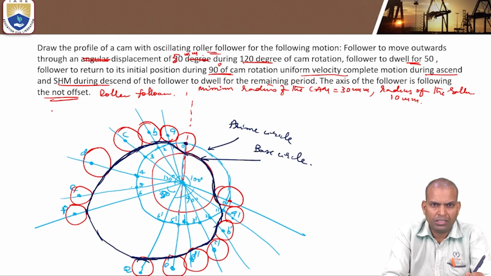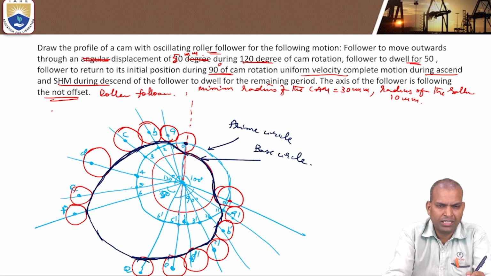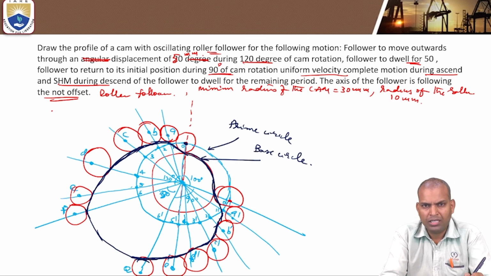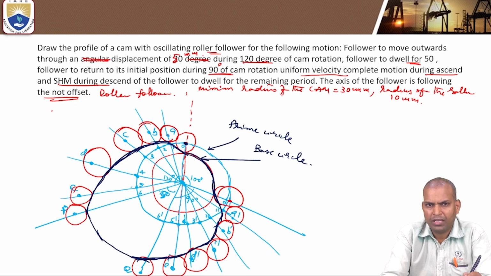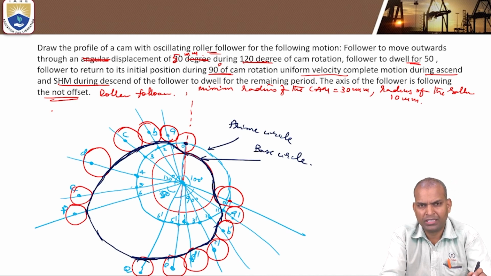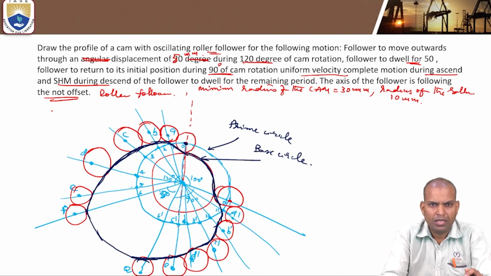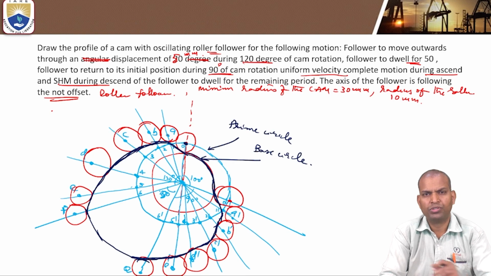So the pressure angle is very important in designing cams. It should be optimum, neither low nor high. The optimum value of the pressure angle is important for smooth running of the follower, for opening and closing of the valves, controlling the valve motion.